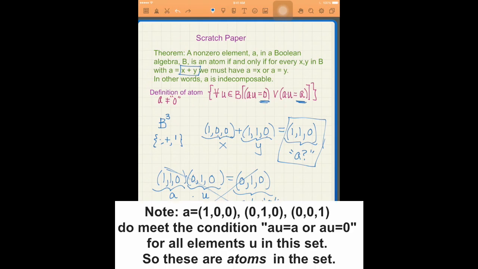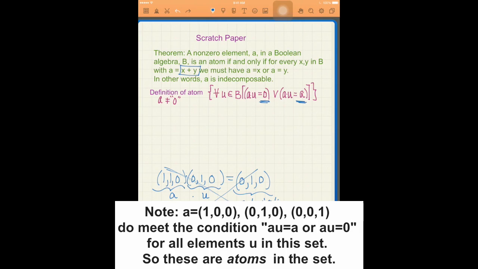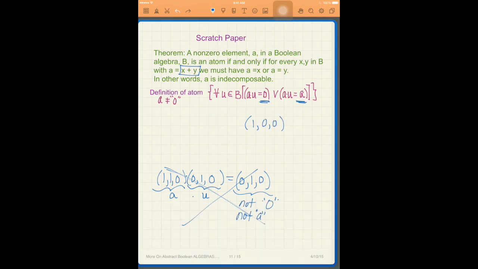So we looked at, let's erase this part here. Just 1, 0, 0 is an atom. So if I were to put my atom over on this side, 1, 0, 0, I know that's an atom, a minimal building block. Is there a way to add 2 elements from the Boolean algebra and get back the 1, 0, 0?